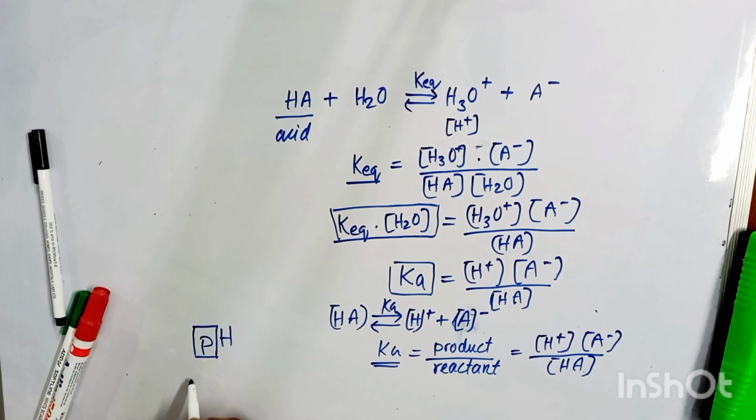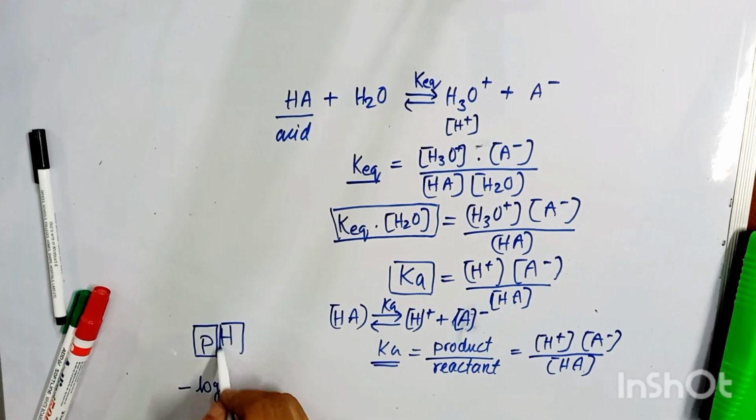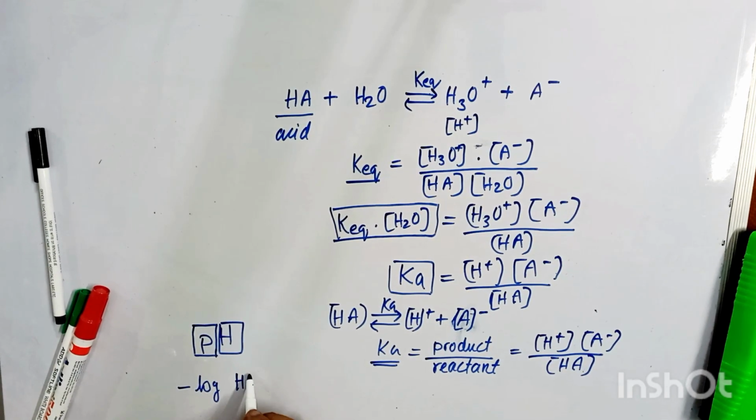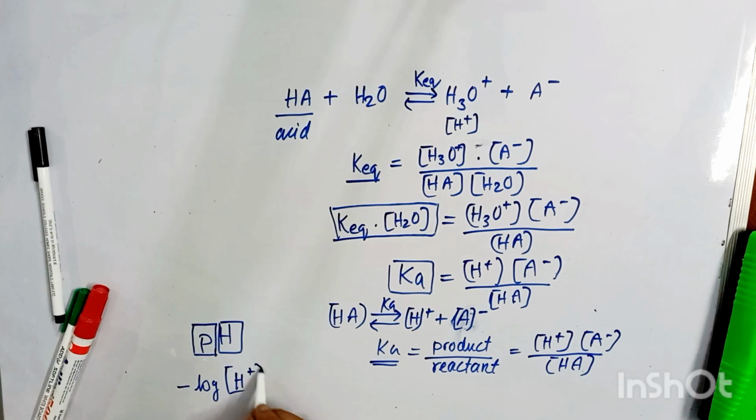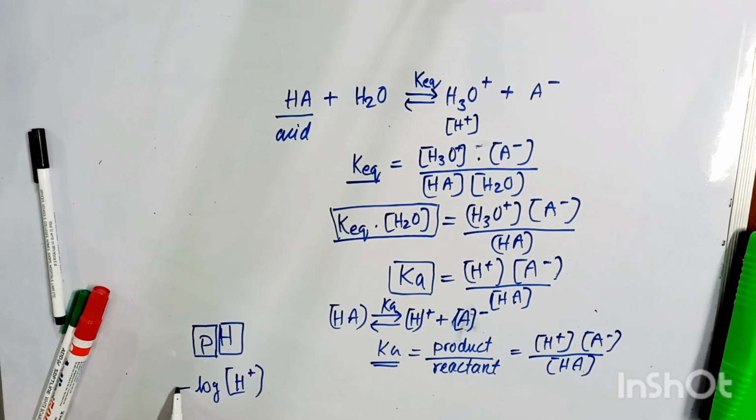The p value indicates the negative log value of what? Hydrogen ion concentration. What is pH? pH is the negative log value of the hydrogen ion concentration present in a solution.